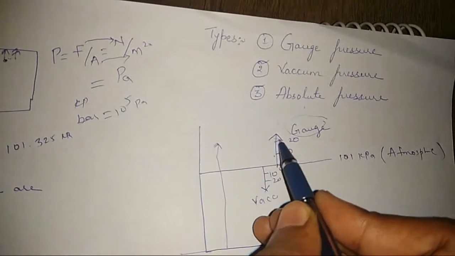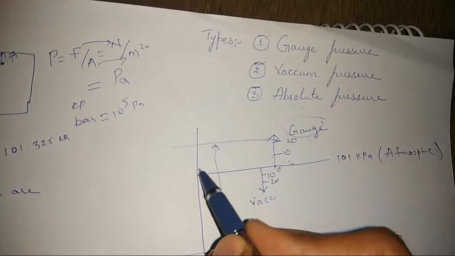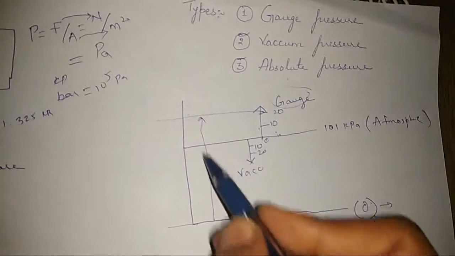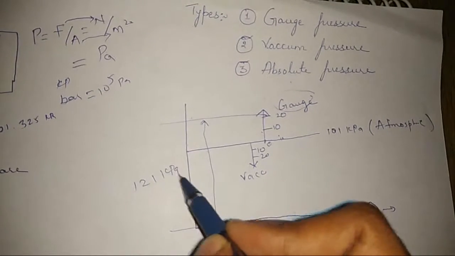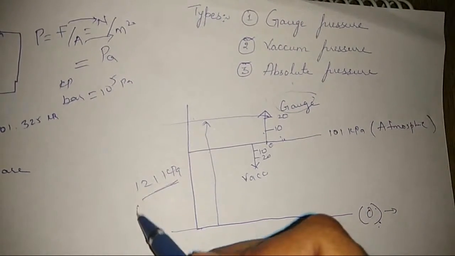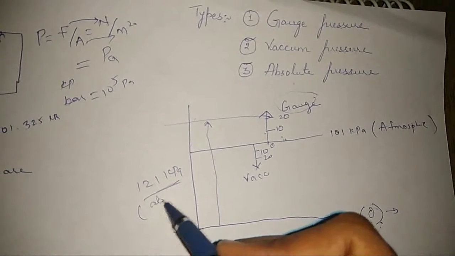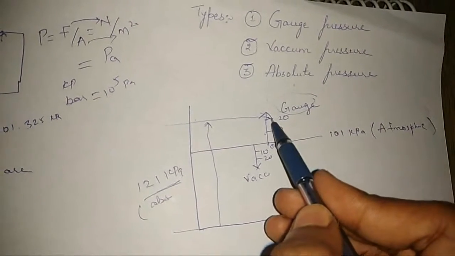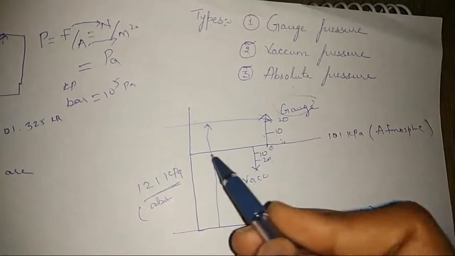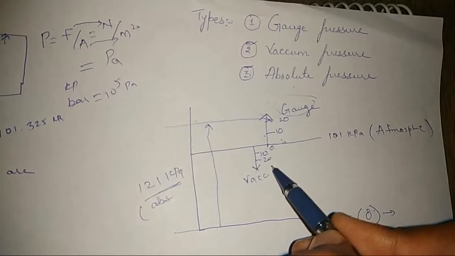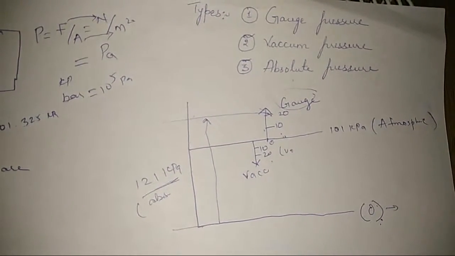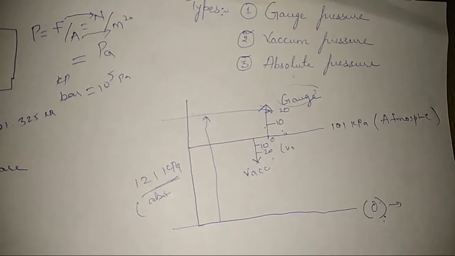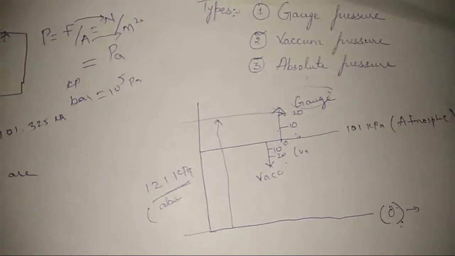This is 20, and this is 101, so it could be 121 kilopascals. This we call absolute pressure, these 20 kilopascals we call gauge pressure, and this 20 kilopascals we call vacuum pressure. These are the main differences between gauge, vacuum, and absolute pressure.